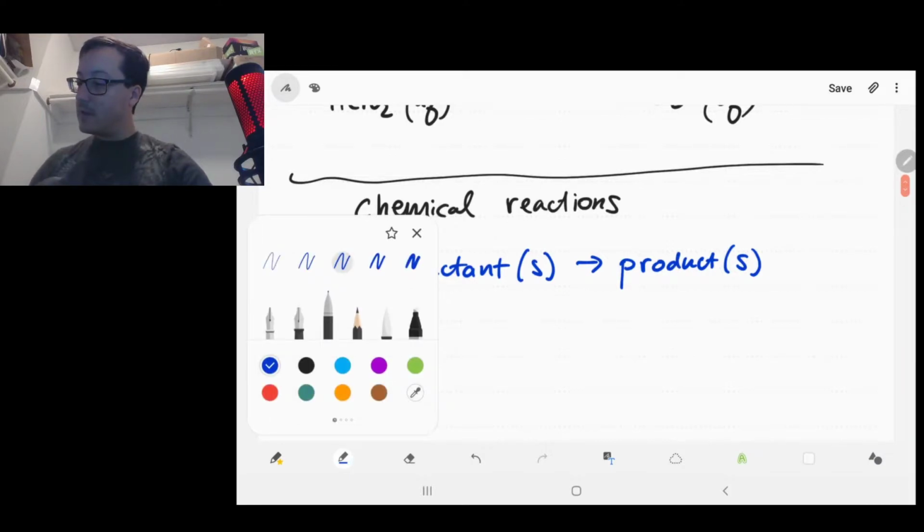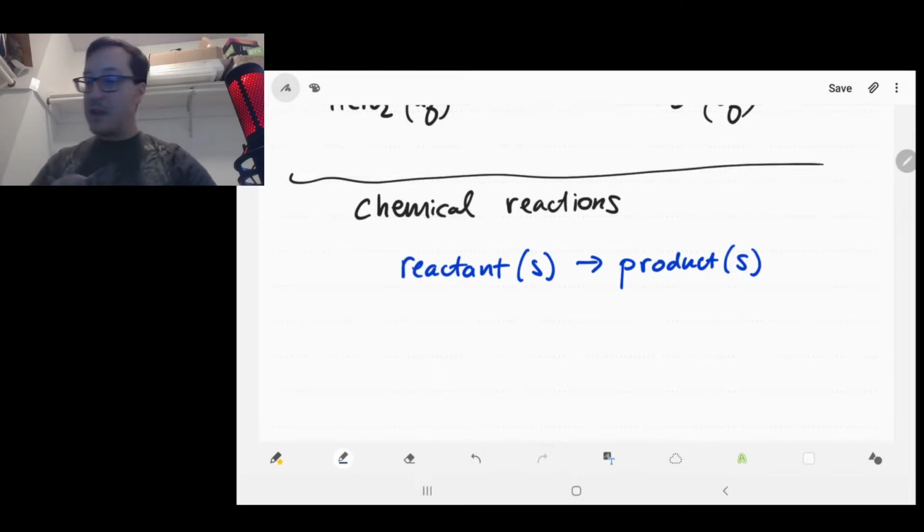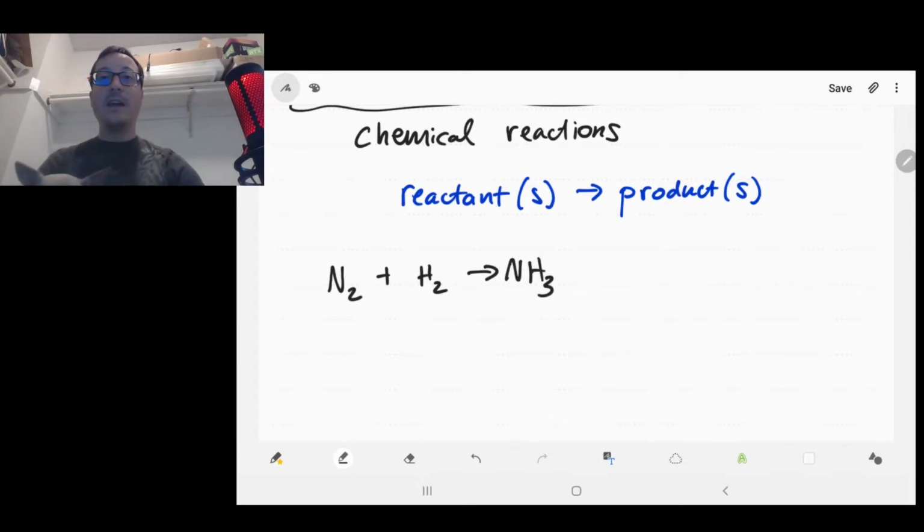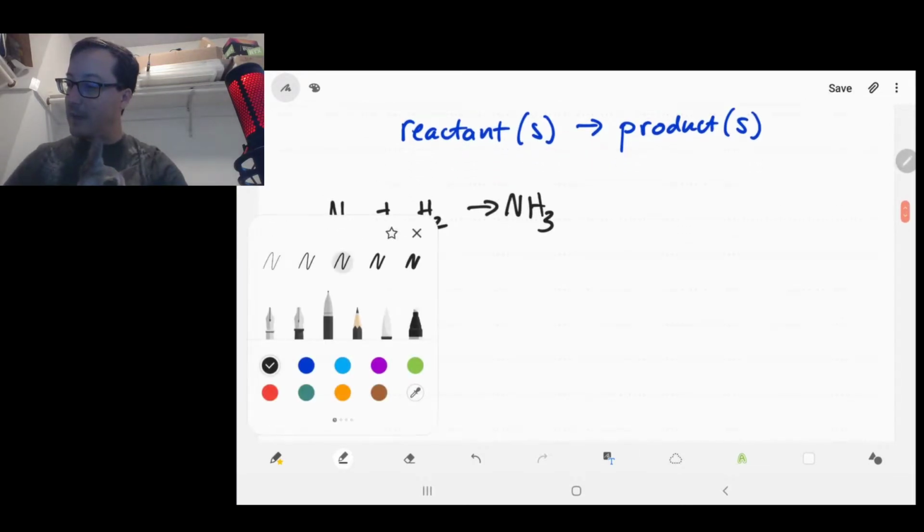We're going to see that an example reaction would be something like this. This one will have nitrogen and hydrogen as our reactants, and we'll have our products, or in this case a single product, be ammonia there. And so these two are just kind of combining and making this. We'll see this type of reaction in a bit. And so we'll go from there.